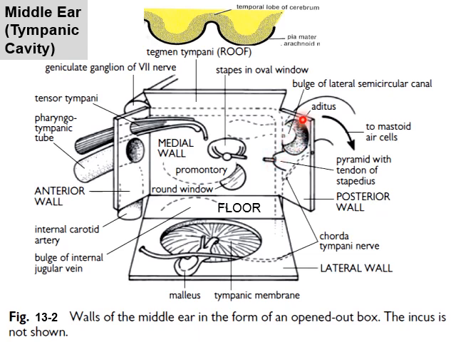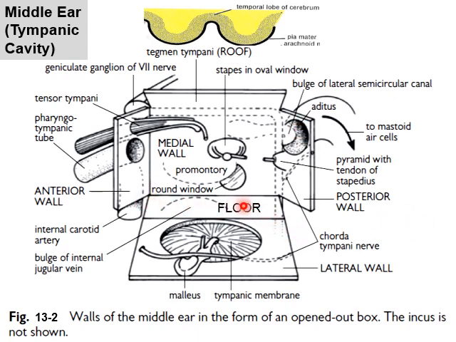It is the aditus, or the opening for the mastoid air cells, and from there you can reach the mastoid air cells. There is a bulge located in this area made by the lateral semicircular canal. So these all structures make the posterior wall of the middle ear cavity or tympanic cavity.